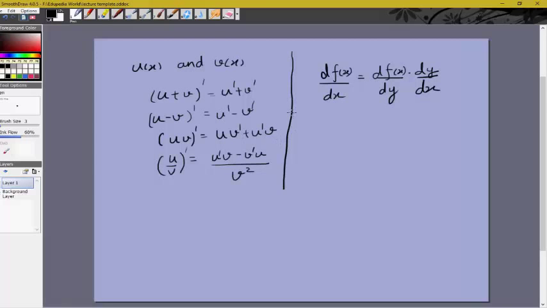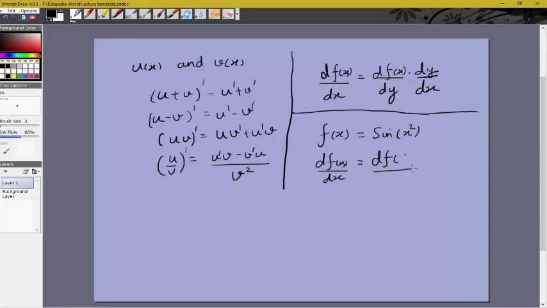Just also for a recap, I'll do one simple example of the chain rule. If f of x is the composition of two functions, let's say sin x and x squared, then it is sin of x squared. Then df x by dx can be written by the chain rule as d of sin of x squared by d of x squared, because x squared is the argument of the function inside, into d of x squared by dx.